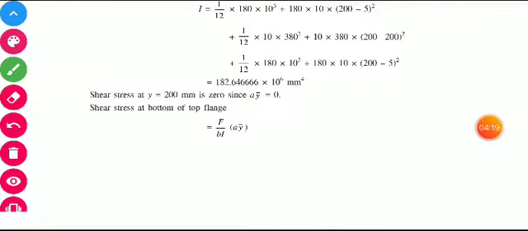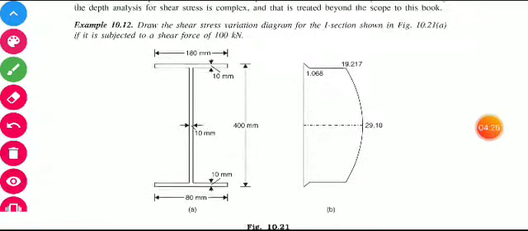Now the shear stress at the bottom of the top flange, here the shear stress will be equal to 0.